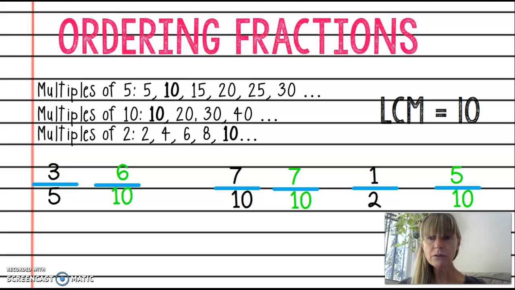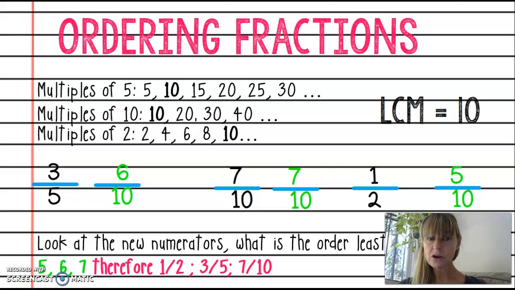I need to now look at only the numerators to see the order. Well, 5 comes first, then 6, then 7. So I look at the corresponding fractions to determine the order of my fractions. So the first fraction in the order is 1/2, then comes 3/5, and then comes 7/10.